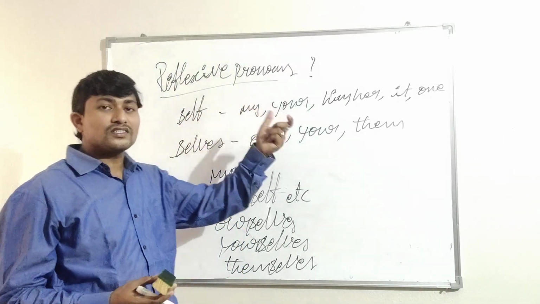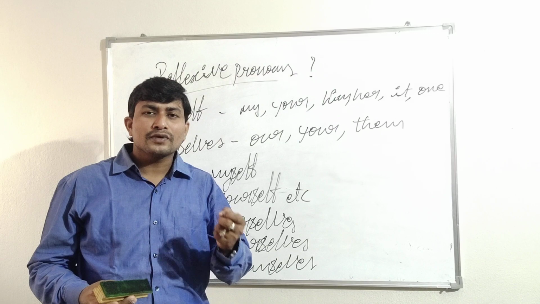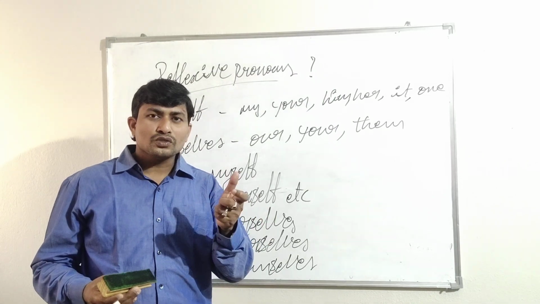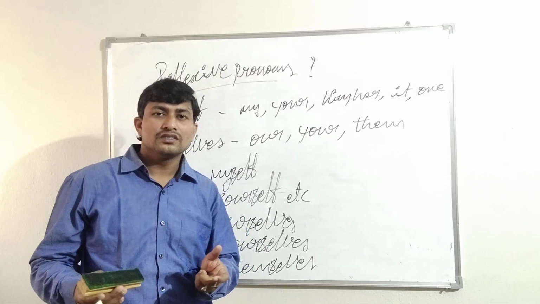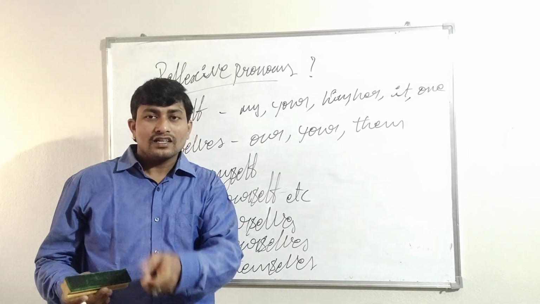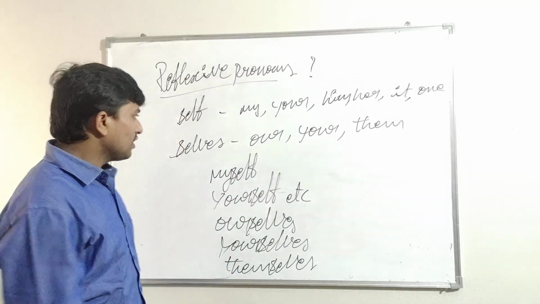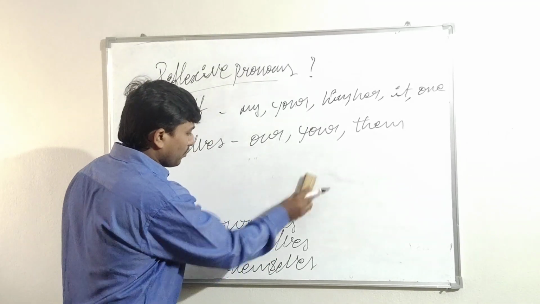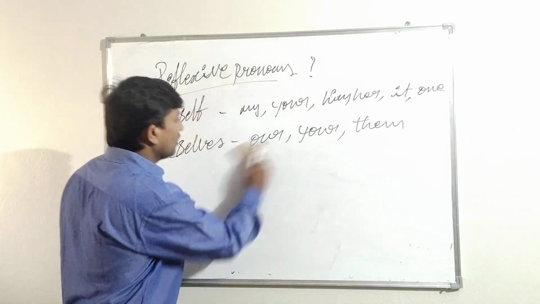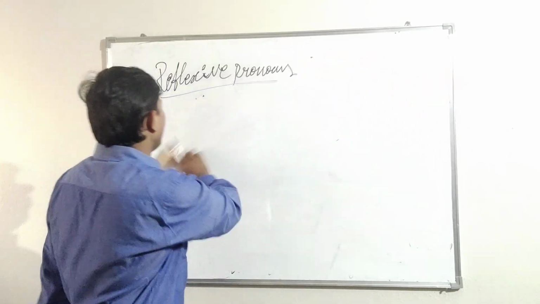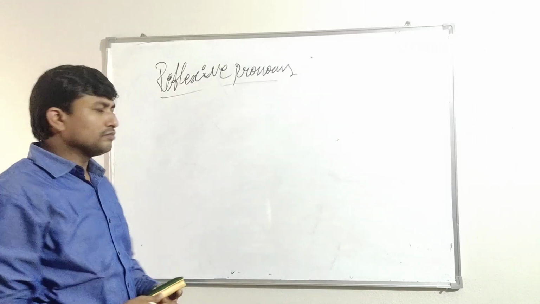What is a reflexive pronoun? A reflexive pronoun is a word that shows the action of the verb that affects the person who performs the action. Okay, so let us see how it is reflecting on the person by using this reflexive pronoun by going through examples.